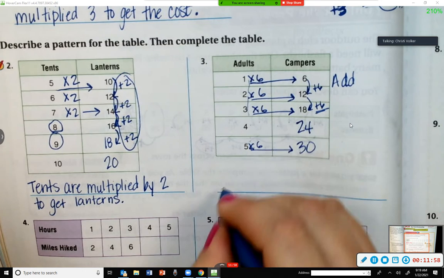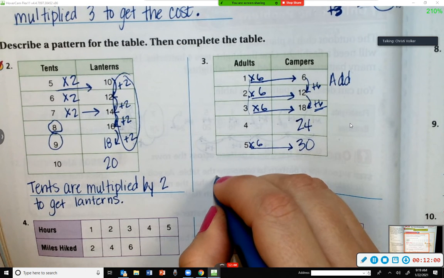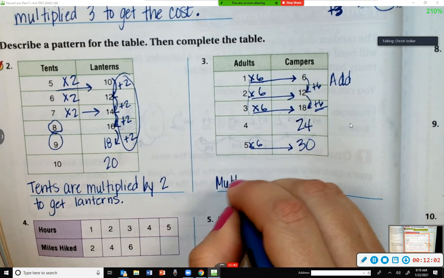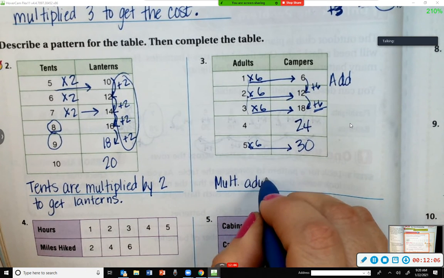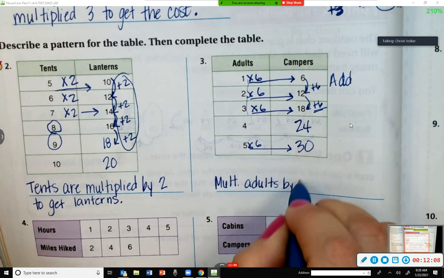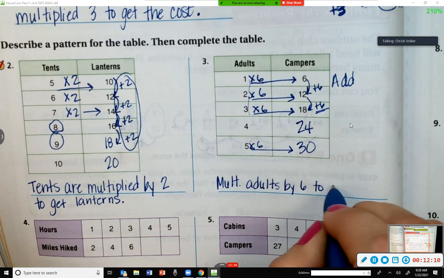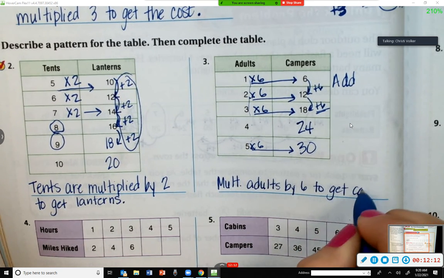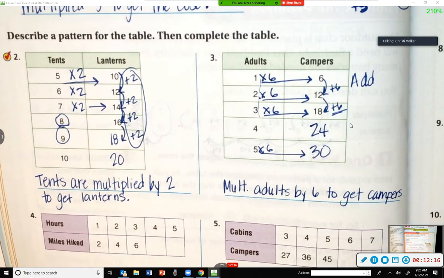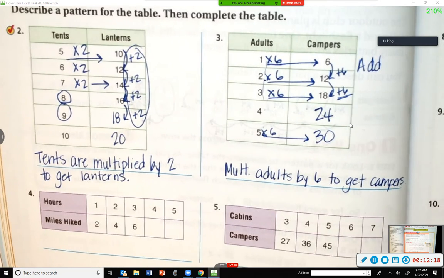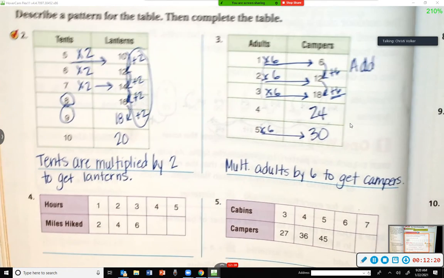Okay? So our sentence would be, and then I'm going to abbreviate, multiply adults by 6 to get campers. To figure out the number of campers, we had to multiply the adults by 6.